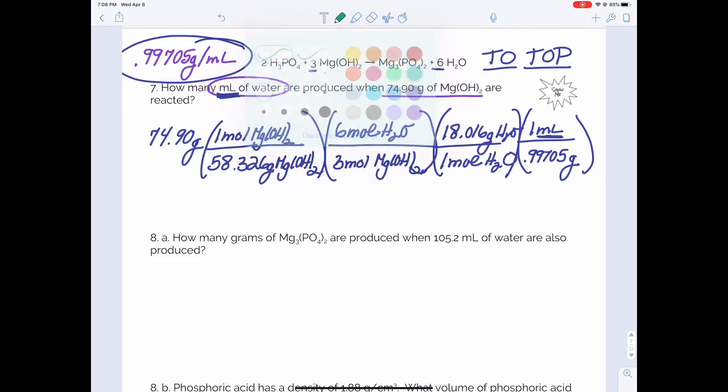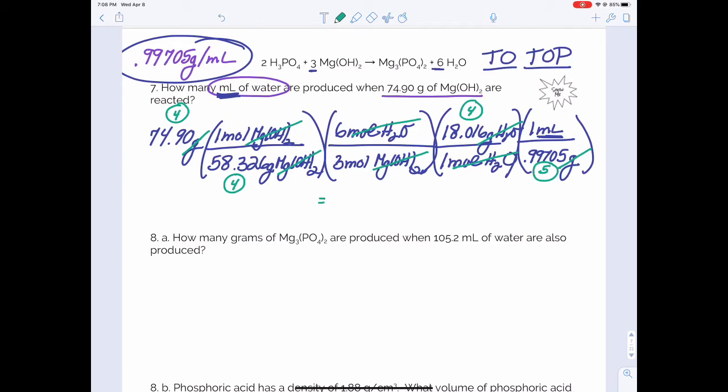And look at how my dimensional analysis cancels out. Grams of magnesium hydroxide cancels out with grams of magnesium hydroxide. Moles of magnesium hydroxide, moles of magnesium hydroxide. Moles of water, grams of water, grams of water. So this is what I plug into my calculator. In terms of significant figures, any number off the periodic table is going to have 4 significant figures, and my density has 5 significant figures.